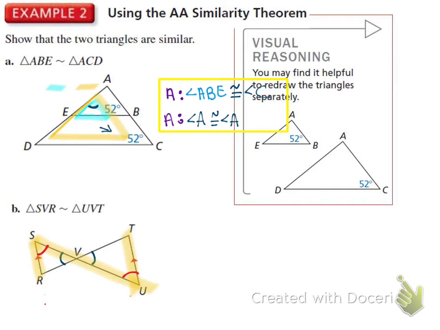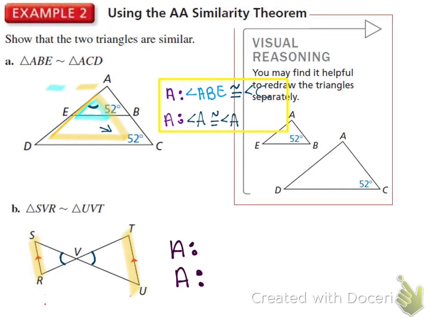So we could name those 2 angles, or even RT is a transversal, and it creates these 2 angles. So it doesn't really matter which one you want to do. But either way, we're trying to name 2 sets of angles and go from there. We could start with the vertical ones and then decide which transversal we want to use.